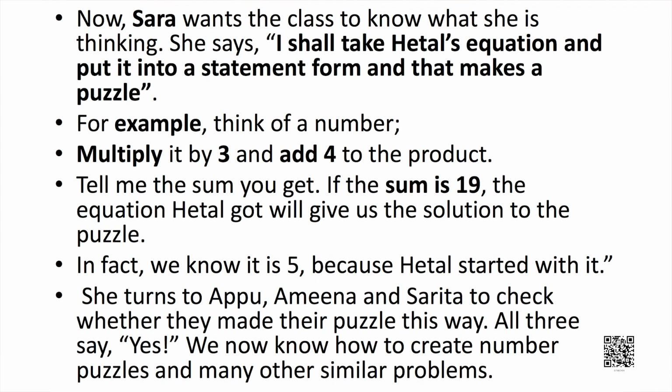If the sum is 19, then the equation that Hetal got will give us the solution to the puzzle. In fact, we know it is, because Hetal started with it. She turns to Appu, Ameena and Sarita to check whether they made their puzzle this way. All three of them said yes. Now we know how to create number puzzles and many other similar problems.